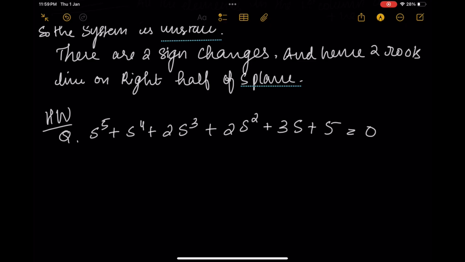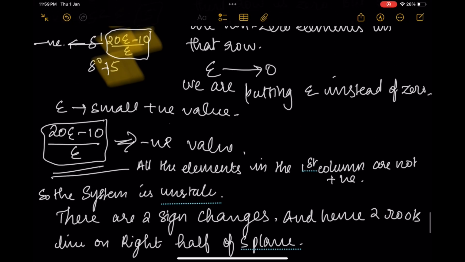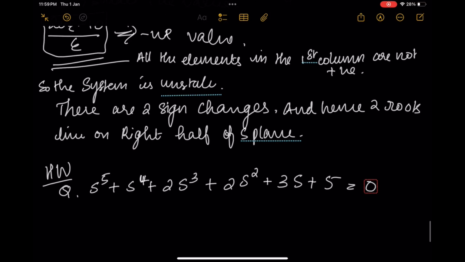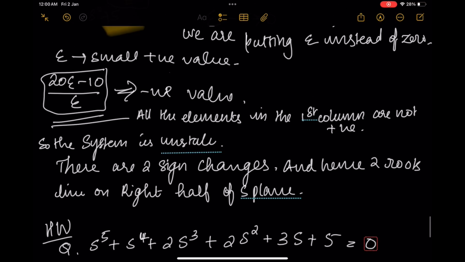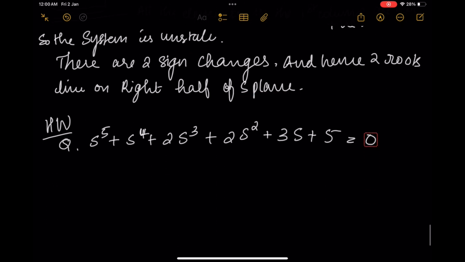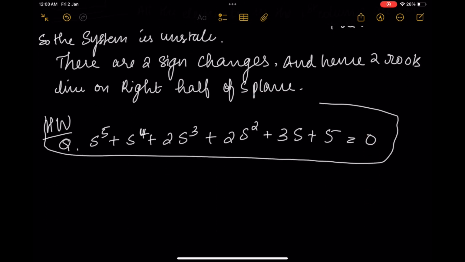Solve this. The answer is almost similar, that is, there will be a sign change and all. This is a very nice question. Everybody please take a screenshot of this question and do it at your own pace, and just learn. It is easy to solve.